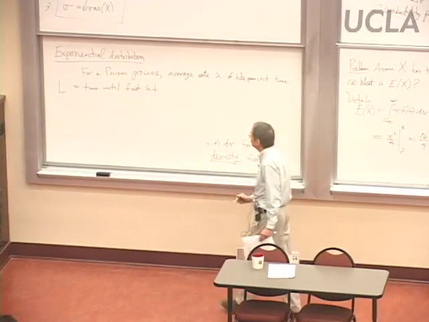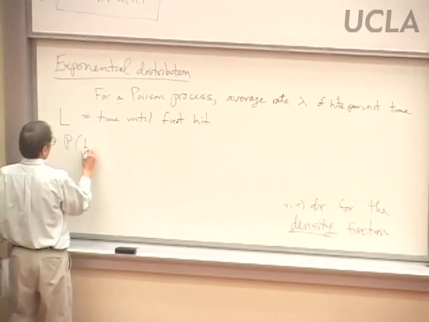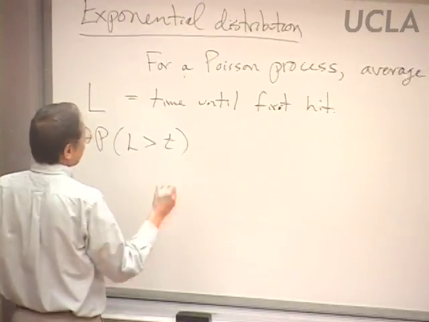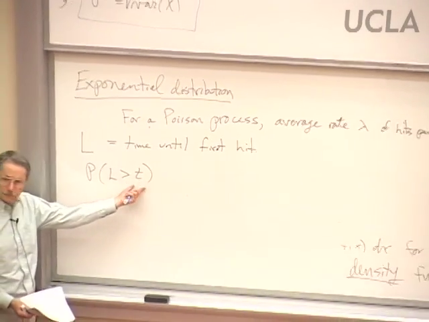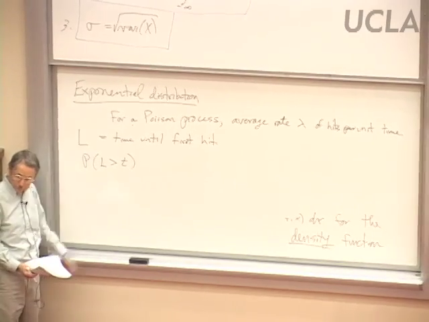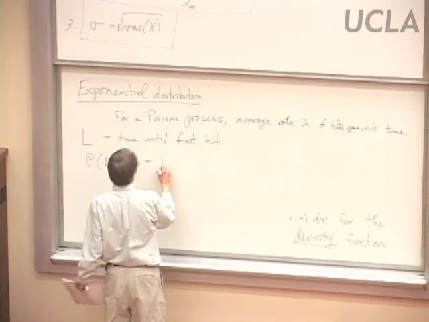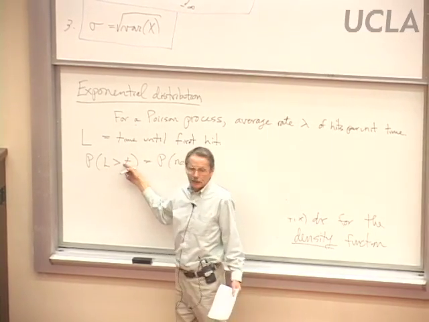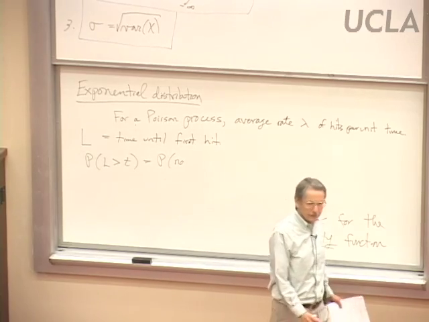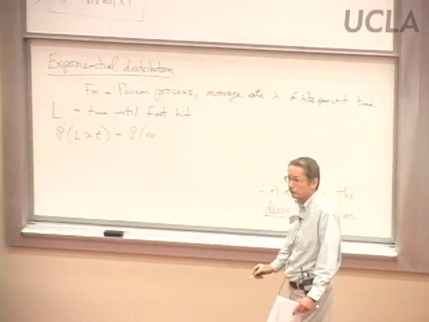Well, first, the probability that the lifetime is more than some time value: the probability that the lifetime is more than 100 years means that in the first 100 years you don't get that first hit. There are no hits in the first 100 years.